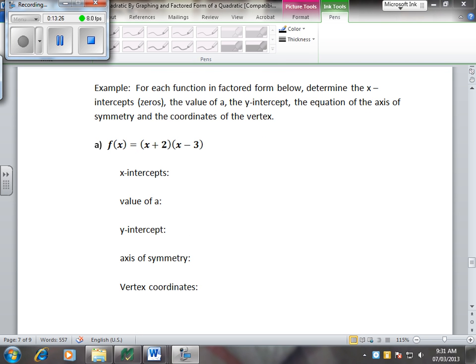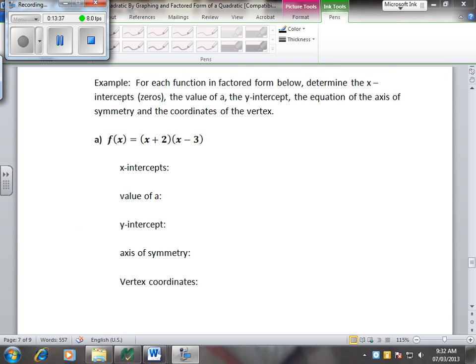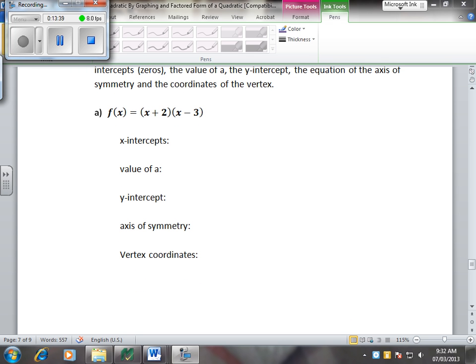So let's do a couple examples. For each function in factored form below, determine the x-intercepts, the value of a, the y-intercept, the equation of the axis of symmetry, and the coordinates of the vertex. Now we don't have a graph. All we're working off is our factored form. So our x-intercepts are our roots, and sometimes they're called zeros.